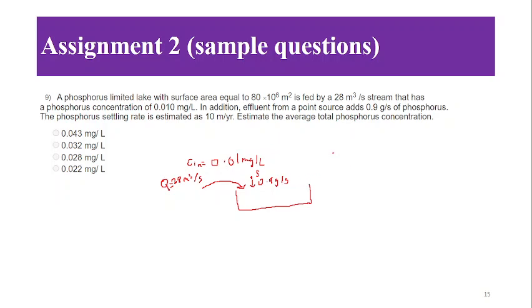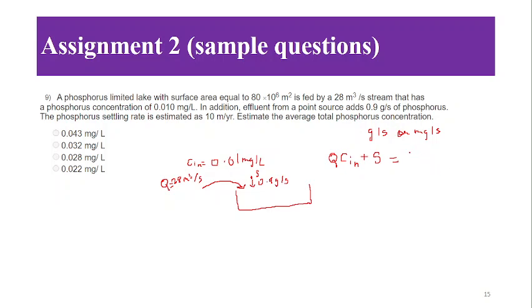So the relation here will be through the mass balance of phosphorus: Q C in plus the point source S. All of these components will have the units gram per second or milligram per second. So S is equal to, these are the rate of phosphorus coming in, and what will be the out and the accumulation rate.